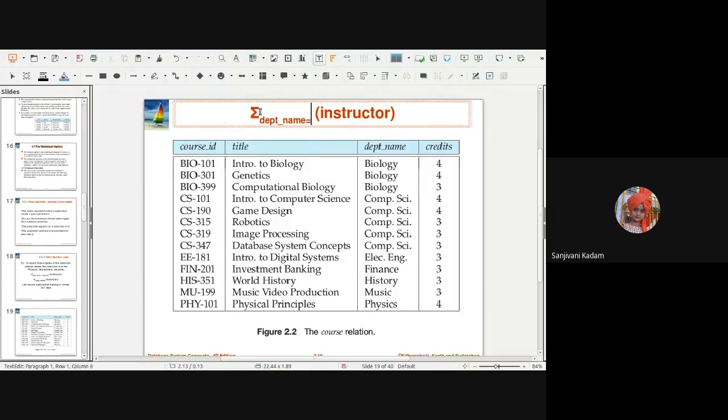Yes, I am clearly saying that I need the department name to be computer science. So here I will use the same name for giving the information. And right now what is my relation name? Course is my relation, so here instead of instructor I will use course. Done? Audible?